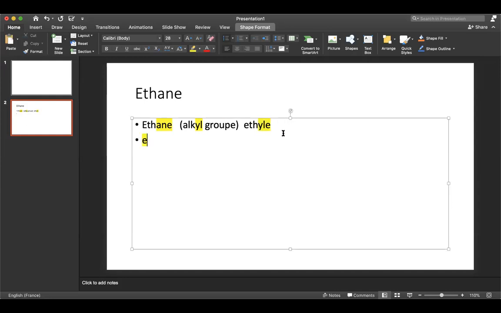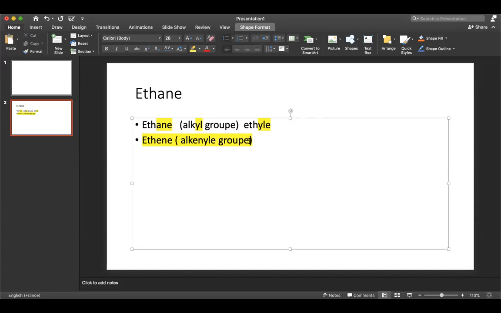So now ethene, we now have an alkenyl. Now in French, it's written like this, right?